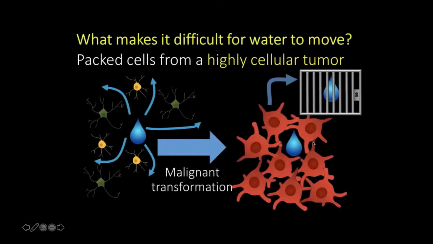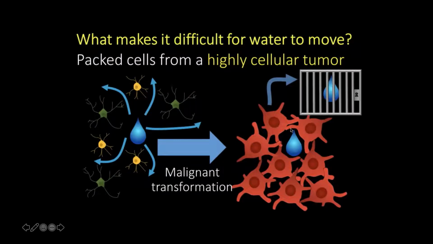Another sequence is the DWI and ADC, which can be utilized to study basically the diffusion of water molecules. Water molecules usually can freely move among cells. But if there is a malignant transformation as here, we have a lot of densely packed cells with a high nuclear to cytoplasm ratio.